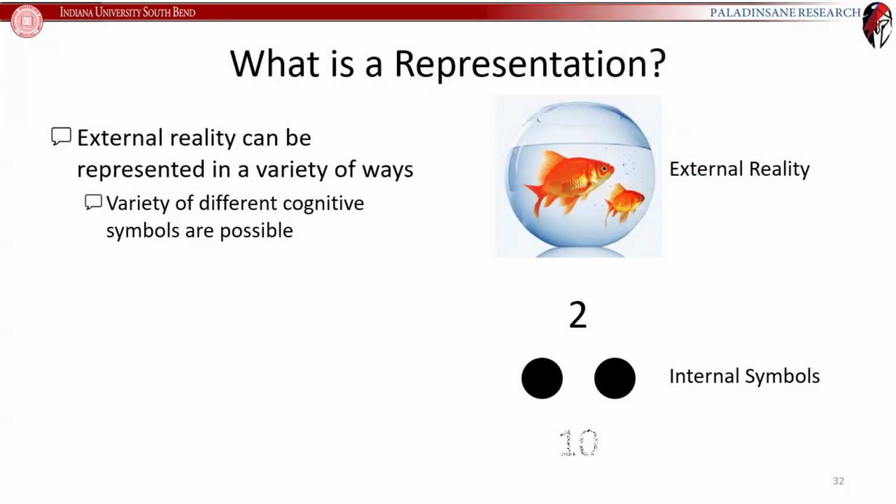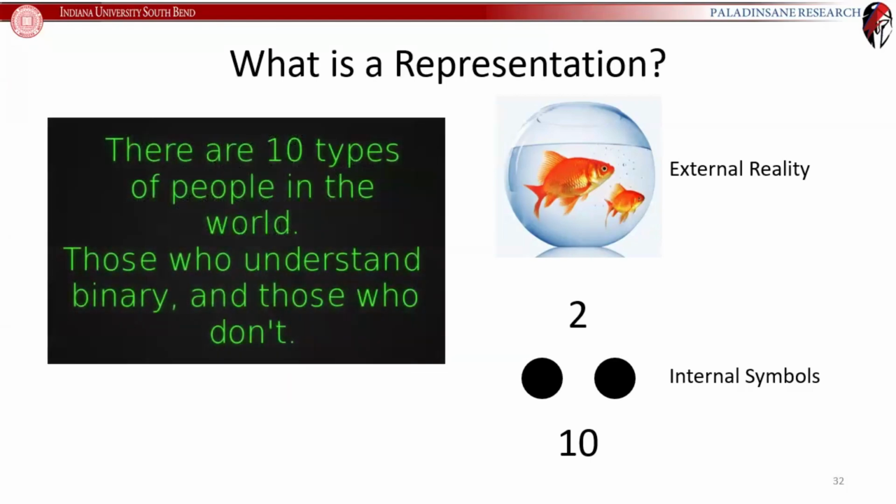On the other hand, maybe we represent it like this, right? And there are only 10 types of people in the world, those who understand binary and those who don't. So 10 is a way that a computer represents two, because that's the number two in binary code. So all of those are possible internal ways of representing two.